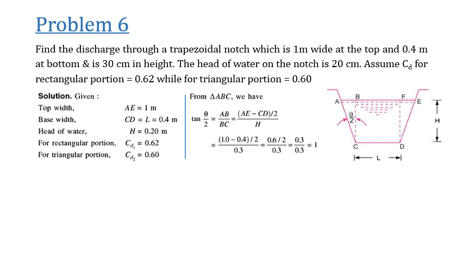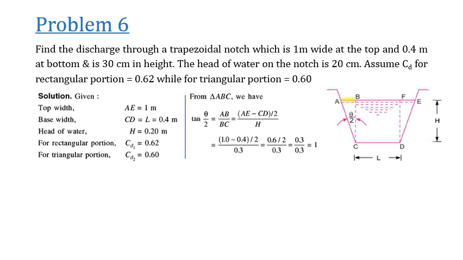So we are going to use this triangle ABC. So tan(θ/2) is AB over BC, and AB is total length AE minus the CD, divided by 2 to get this one length, divided by H which is BC. So total top width is 1 meter while CD is 0.4 meter.